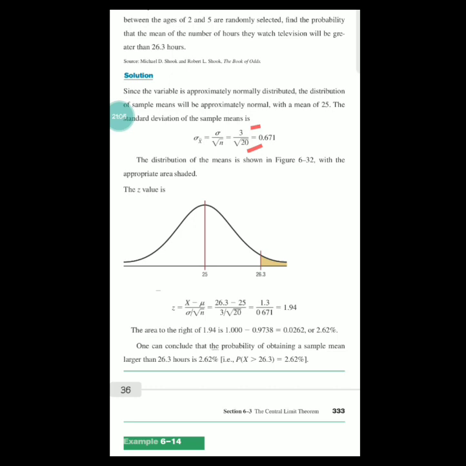So, 3 divided by the square root of 20 is equal to 0.671. The distribution of the means is shown in the figure with the appropriate area shaded.